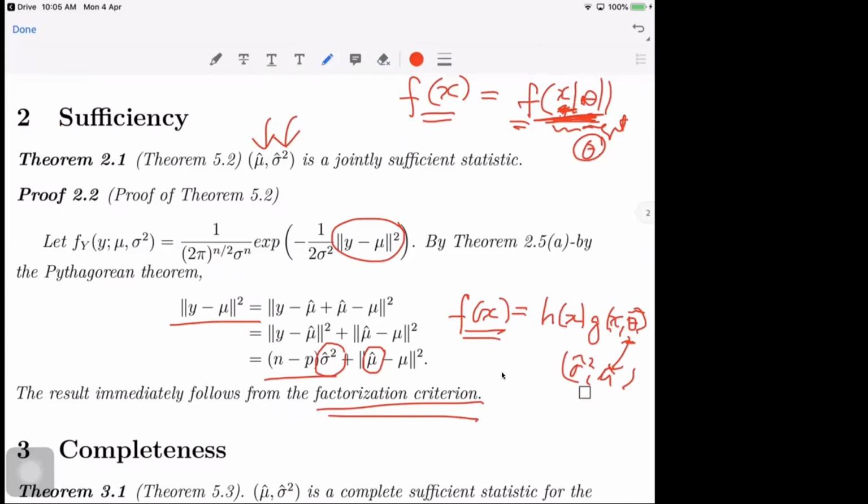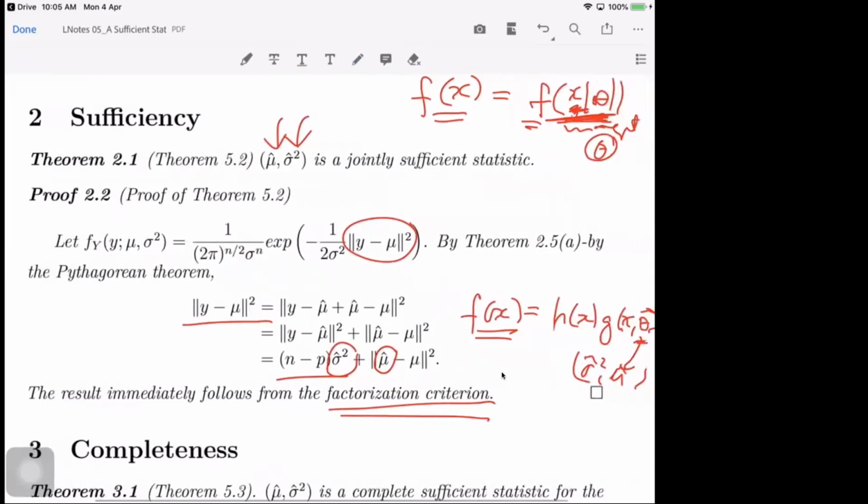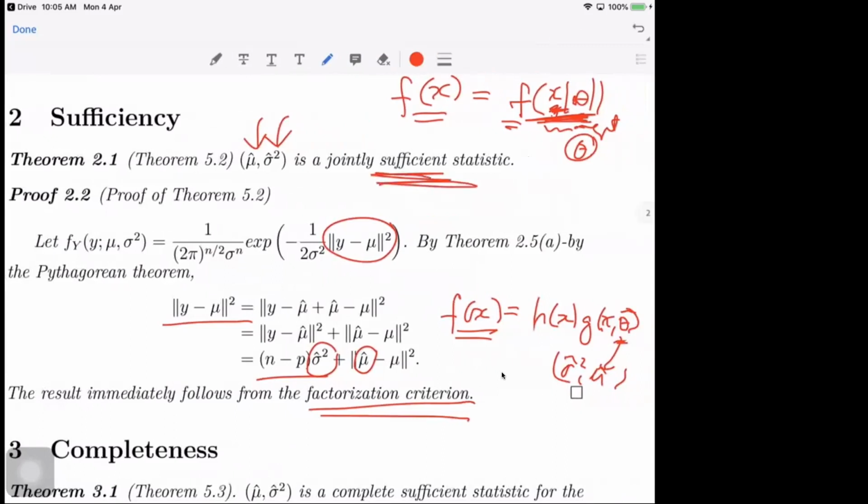So you will learn more about sufficient statistics when you do inference. But for now, the general thing to know here is that you can show that a statistic is sufficient if, by the formal definition, the conditional distribution of y given your parameter theta is independent of theta. But a simpler way of showing that is to use the factorization criterion by Lehmann.